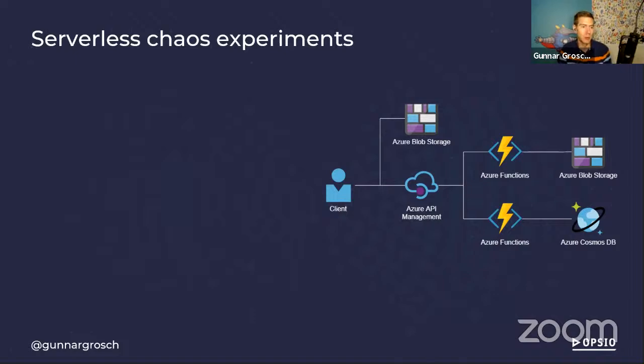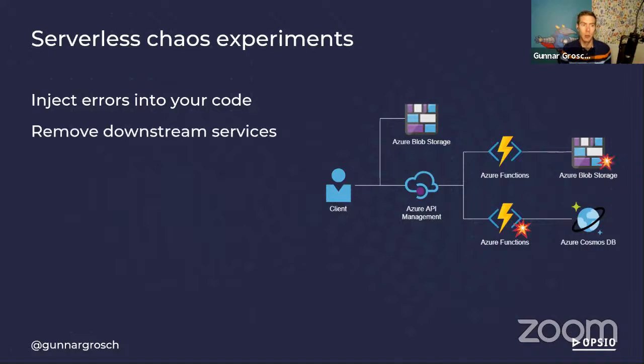So things we can do then is we can inject errors into our code. Instead of our function returning a 200 response through the API to our client, we can return a 502, a 404, or something like that, to then test how our application behaves when those errors occur. We can remove downstream services to see how our application behaves or how our code handles these types of service issues.